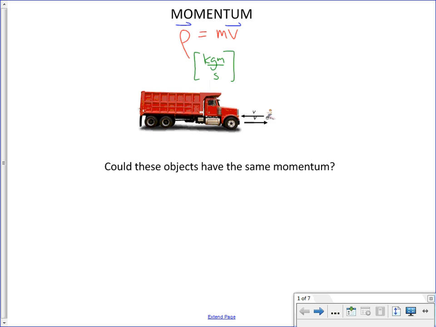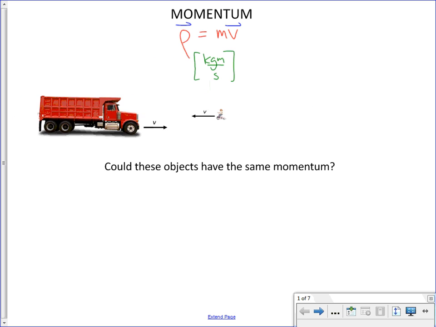One of the main goals of this unit is to investigate what we call two-body interactions, and then some interactions we call collisions. No girls on tricycles were hurt in the making of this video, just so we're all sure.